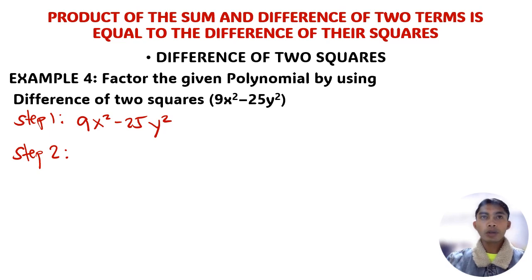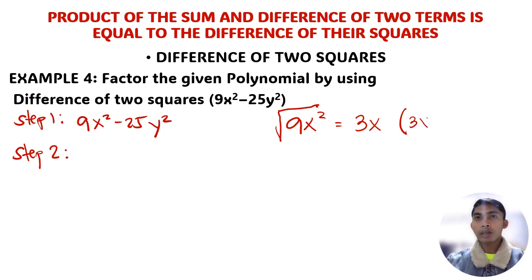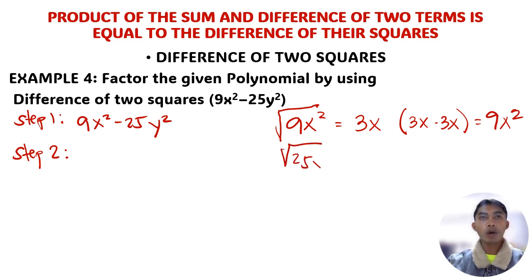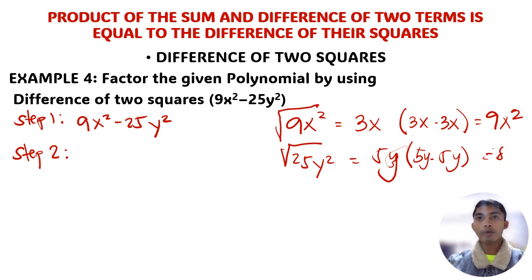The square root of 9x squared, the first term, is equal to 3x, where 3x times 3x is equal to 9x squared. Then for the second term, the square root of 25y squared is equal to 5y, where 5y times 5y is equal to 25y squared.